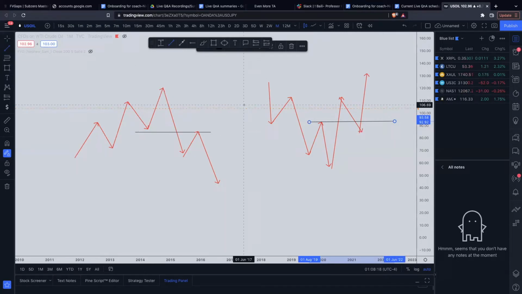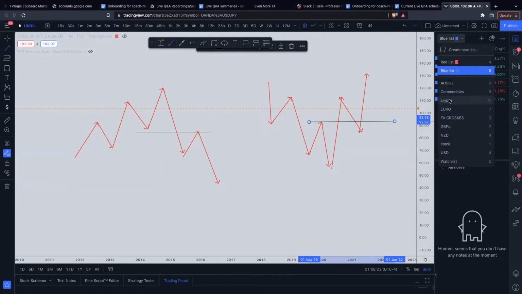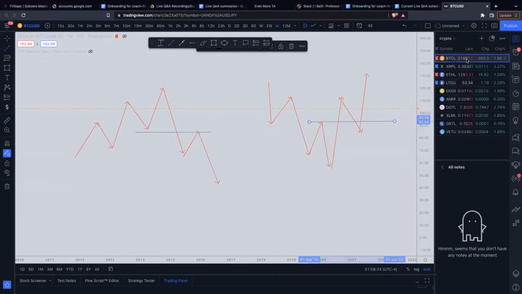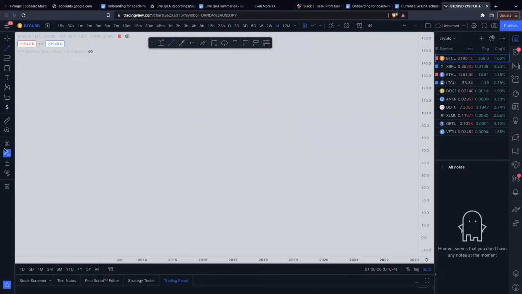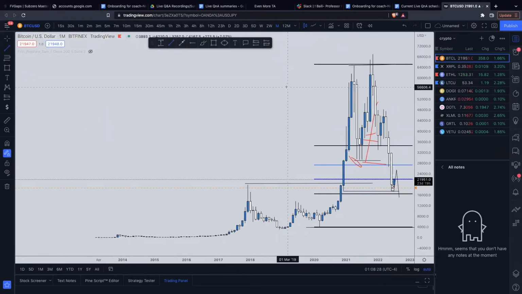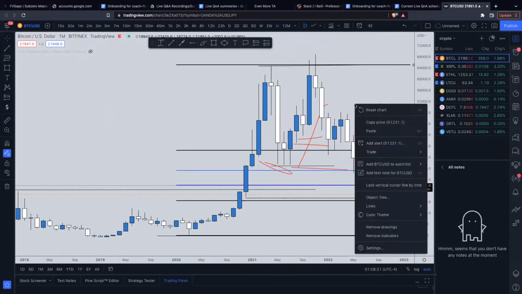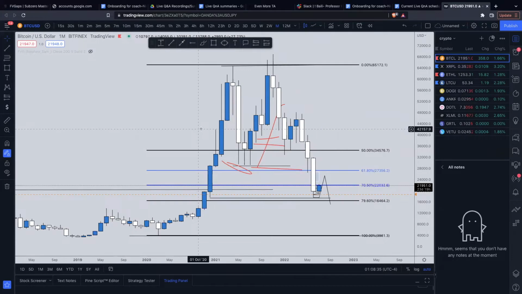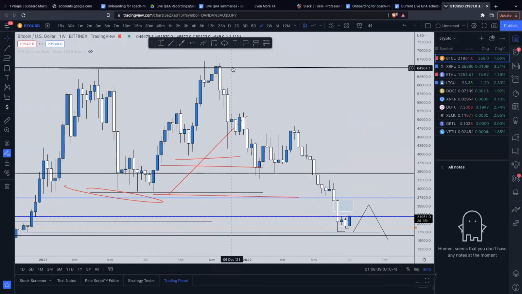And this is very important because, again, we could just go to Bitcoin. If you know market structure, go on a weekly, it's a little more simple.